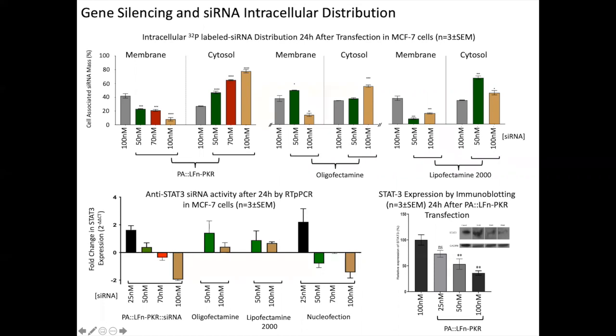And that's also been related to siRNA activity by RT-qPCR. So here you can see after transfection with PA-LFN PKR, quite a profound reduction in mRNA. We can also see this manifest as a reduction in protein by Western blot analysis.